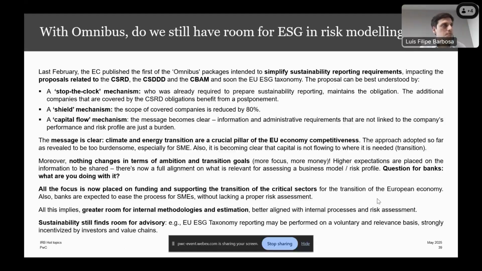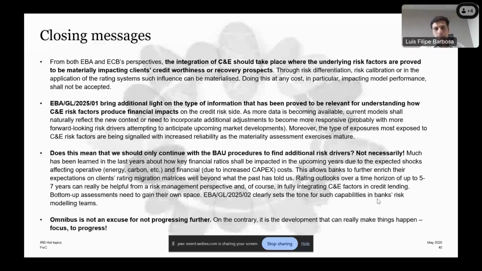So less potential information being available is not an excuse for lagging behind on their risk assessment capacity. And as a final message, yes, both the EBA and the ECB are quite keen on banks continuing to enhance their models. Don't do that at the cost of significantly reducing the capacity and the performance of those models to project the future in terms of recoveries, but also in terms of default frequency.